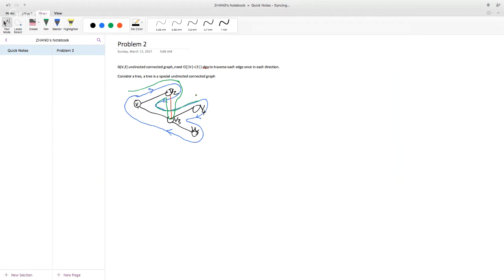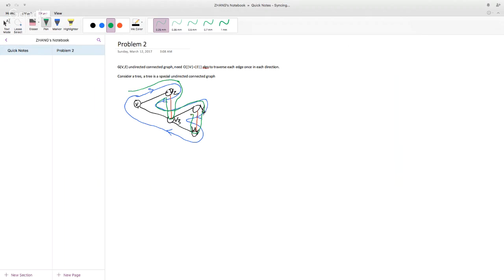Let's suppose we add another edge from V4 to V5. Now we follow the green path, and we are at V4. We can treat V4 the same as V2: go from V4 to V5 and then go back from V5 to V4.